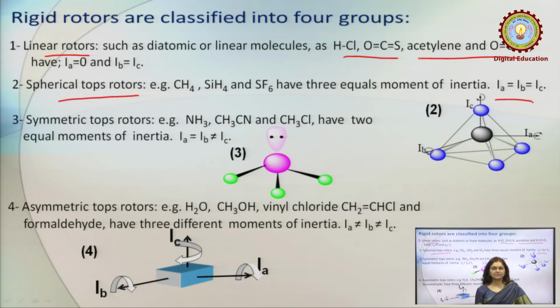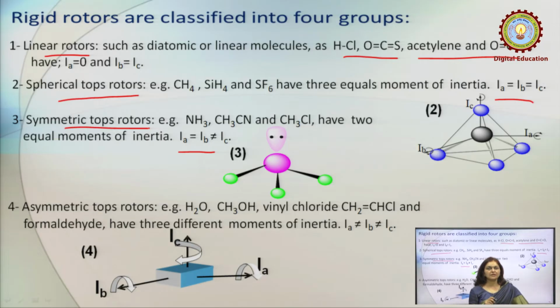Third one is symmetric top rotors. For example, ammonia, methyl cyanide and methyl chloride have 2 equal moments of inertia, but along the z and y axes the moments of inertia are not equal in case of symmetric top rotors.